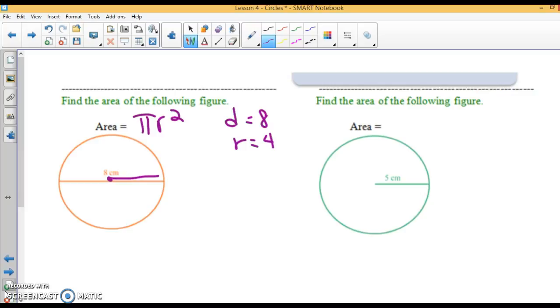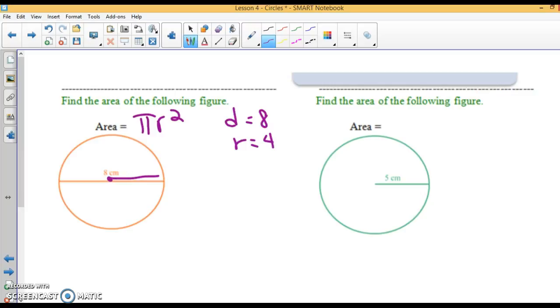Circles are a little bit more tricky than others. You know that pi is the ratio of the circumference to the diameter. That's what pi is. And I'm not super worried about that right now. But pi is 3.14 and so on. It goes on forever and ever. It never stops. It's an irrational number.